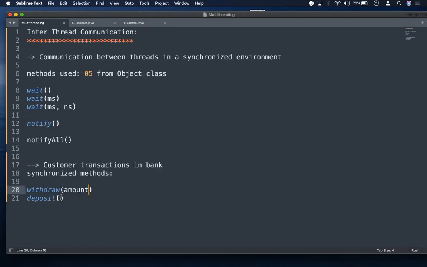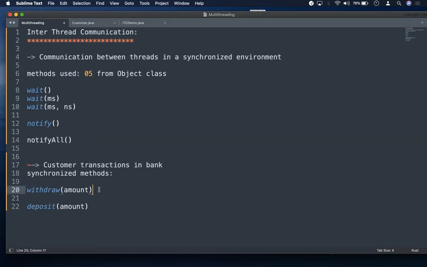If the asked amount is greater than the balance, it cannot be withdrawn, so it has to wait for some other thread to deposit. Deposit also deposits the amount. So what is the scenario? In a customer class in the banking environment, the customer is going to do 2 operations.